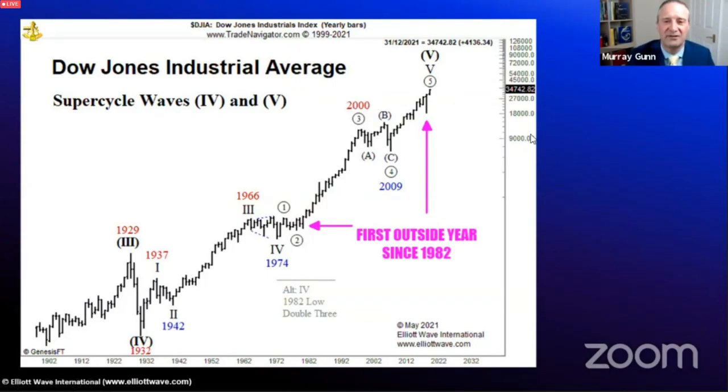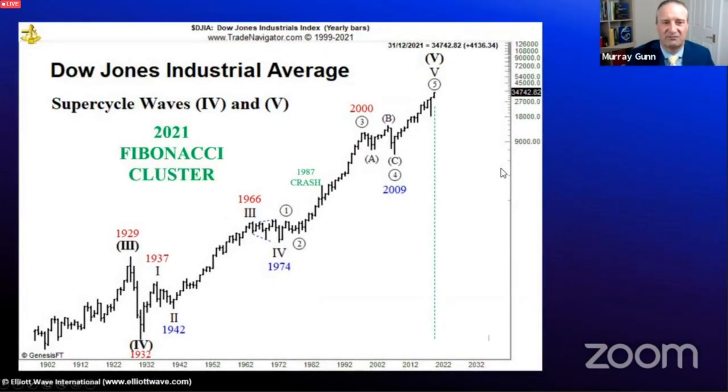So one of the things we're looking at as well from this year's perspective is that 2021 is an amazingly interesting year from a Fibonacci time cycle point of view. 2021 is the 1932 low plus 89 years.